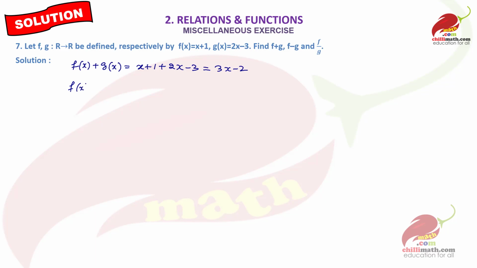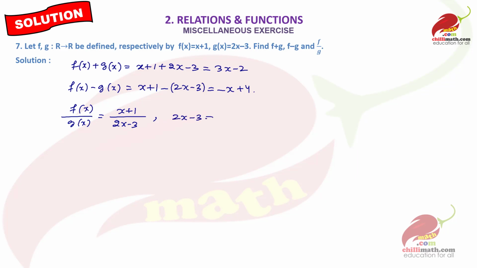And f(x) minus g(x) is equal to x plus 1 minus 2x minus 3. That is x minus 2x, minus x, and 1 plus 3 is 4. And f(x) upon g(x) is equal to x plus 1 over 2x minus 3, just this should not be 0. So that's it.